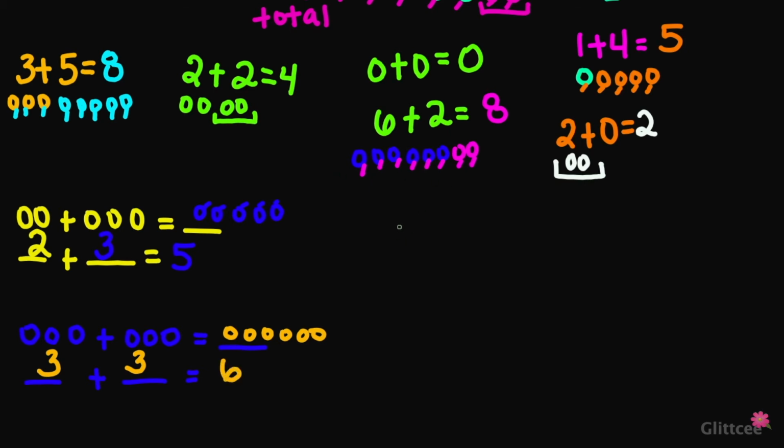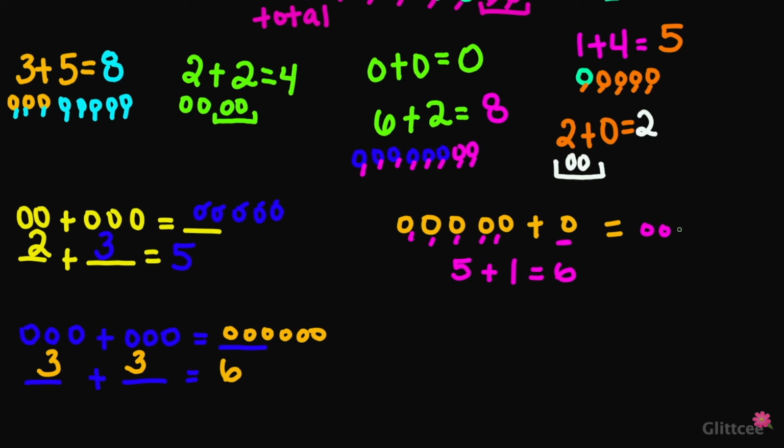Let me give you another set of pictures here. Right? So you have 1, 2, 3, 4, 5. This is 5. You're adding how many more marbles? 1 more marble. So 5 plus 1 equals 6. So here you're going to have 6 marbles total.